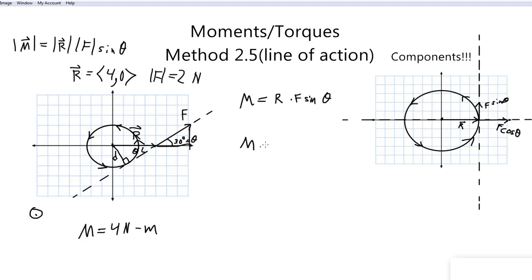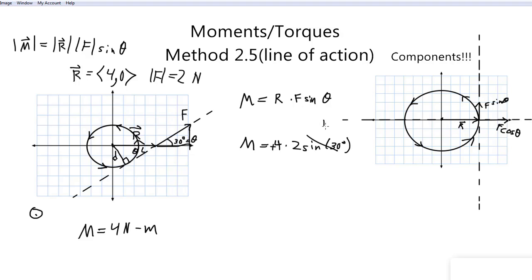So your moment is then just going to equal 4 times, well, I guess I have it right there. It's 4 for r times F, which is 2, and then sine of 30 degrees again, and we said it was positive in the end.